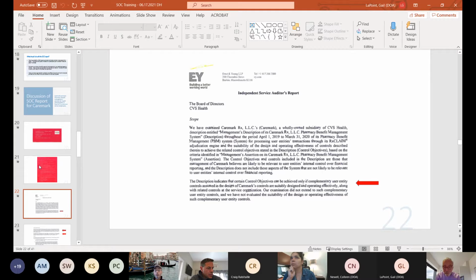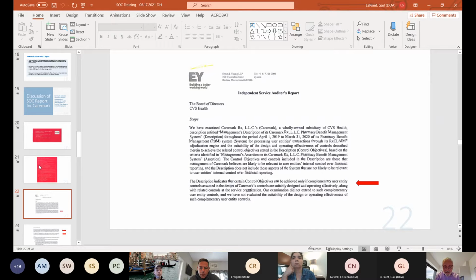So the first paragraph is the scope paragraph. It's defining what it is they were auditing. That can become important when you're trying to discern whether the contracted service that Rhode Island has contracted for is within this.